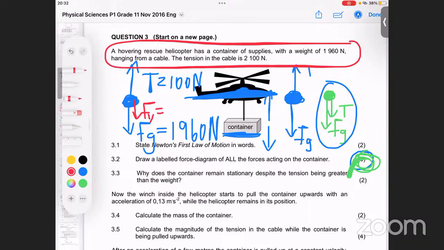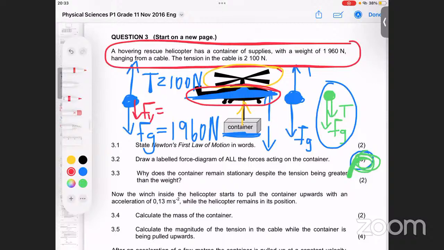So, you might find that these blades are the ones that are adding an extra downward force on that system. Because remember, this tension in the upward direction has to carry this helicopter itself.